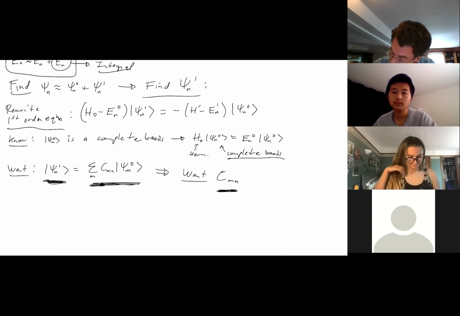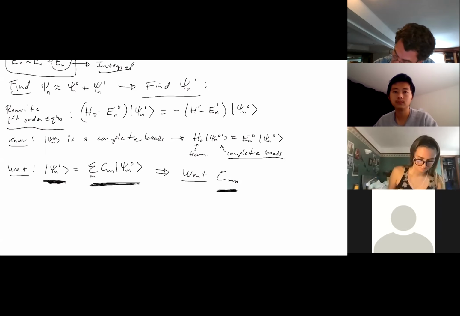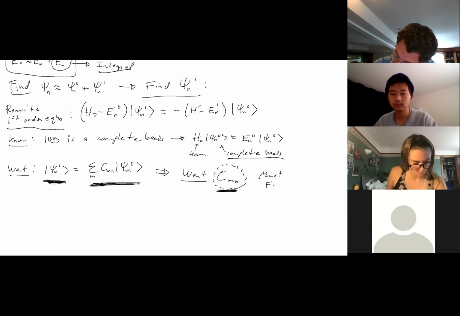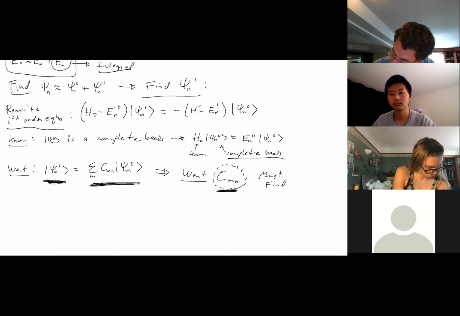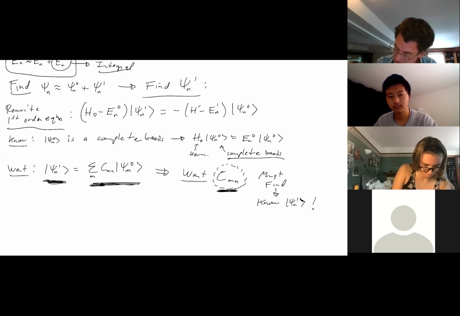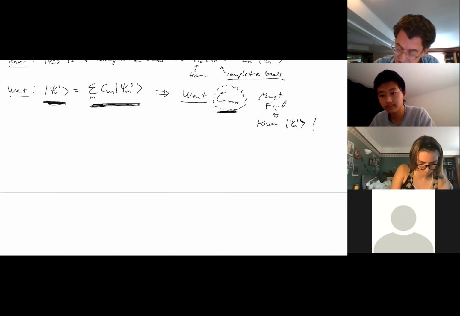These are the coefficients we must find, because once we find those, then we know psi n1. Okay, so that's the whole point. So let's find these coefficients.